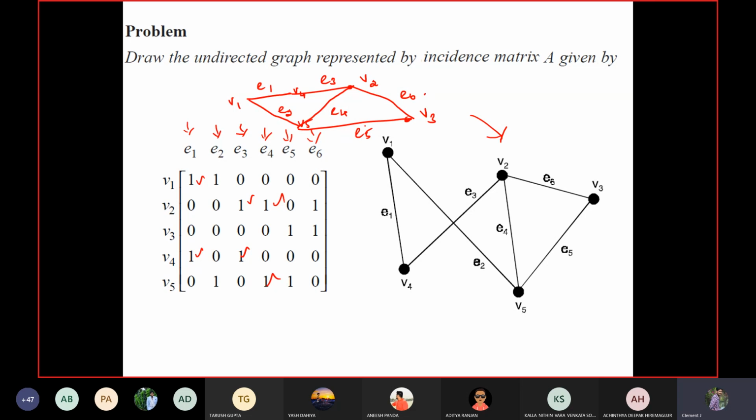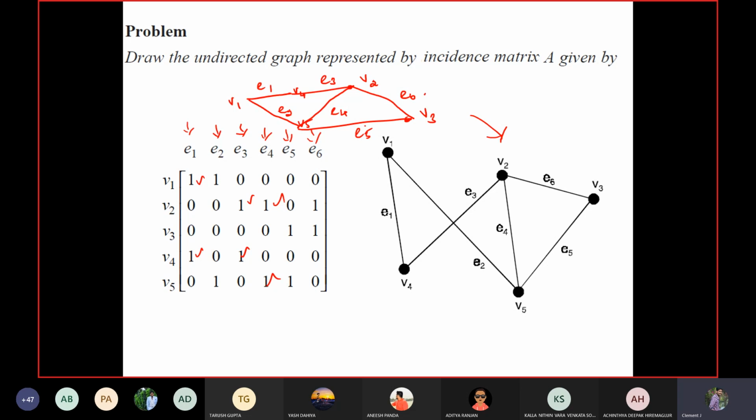But here in the incident matrix, you fix the column and see between which vertices an edge has been formed. That way you have constructed all the edges. That is an easy procedure. If you fix by vertices, it is not a problem, but it will cause confusion. So instead, fix the column and you will get the answer in an easy way.